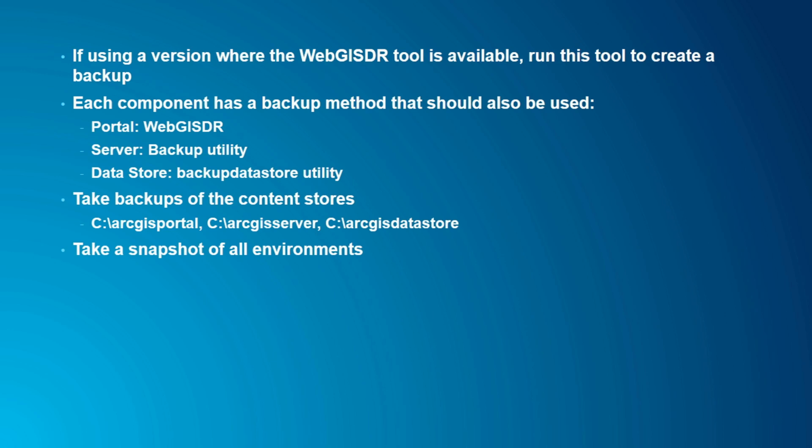And then another backup option is if your enterprise deployment resides in virtual machines and you have the ability to take an image or a snapshot, take it of all of the environments, including the file server. So if you have the config stores on a network share, you'd want to take a snapshot of that as well.